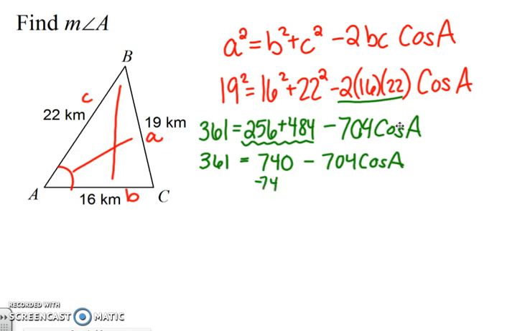I'm going to subtract this 740 and get negative 379. It's going to equal negative 704 cosine of A. Lastly, I need to get rid of that negative 704, and it's being multiplied.